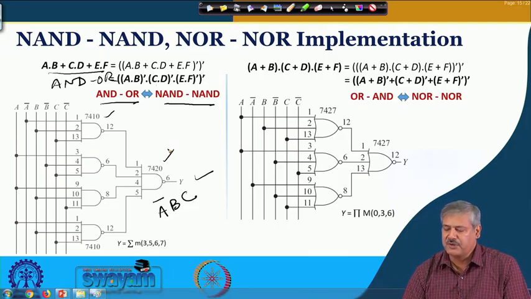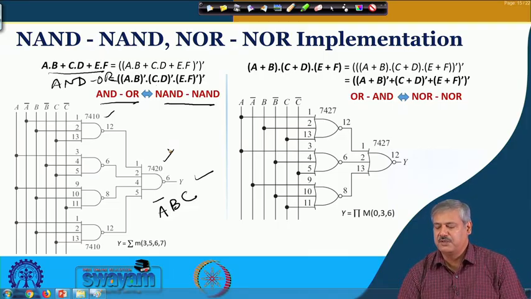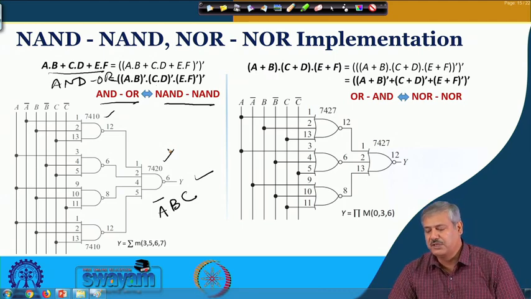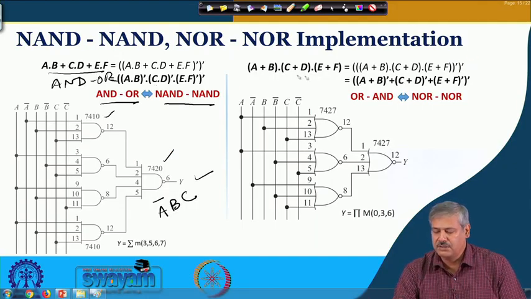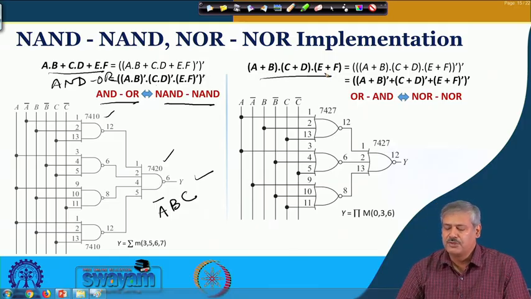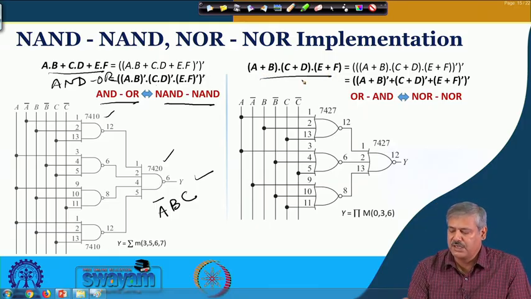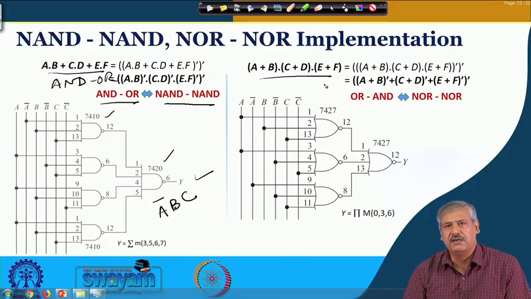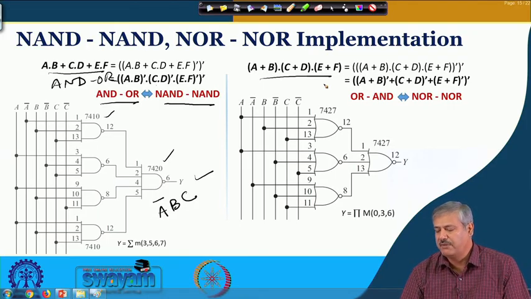The same thing goes for POS representation using NOR gates. Again, similarly, for the original expression, any such example like (A plus B)(C plus D)(E plus F) you can take up. So, these are OR banks in the beginning, which are ANDed in the final second level.